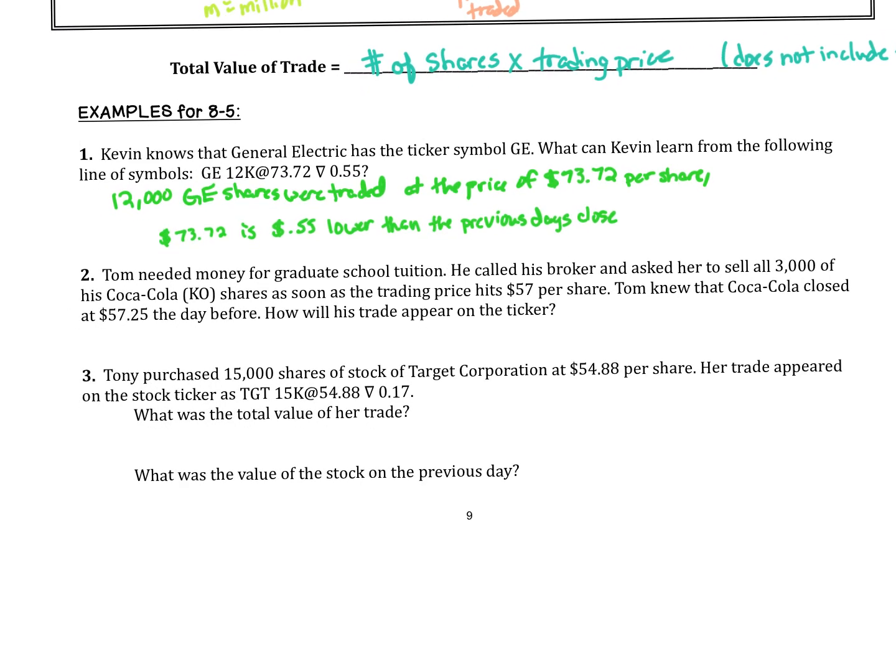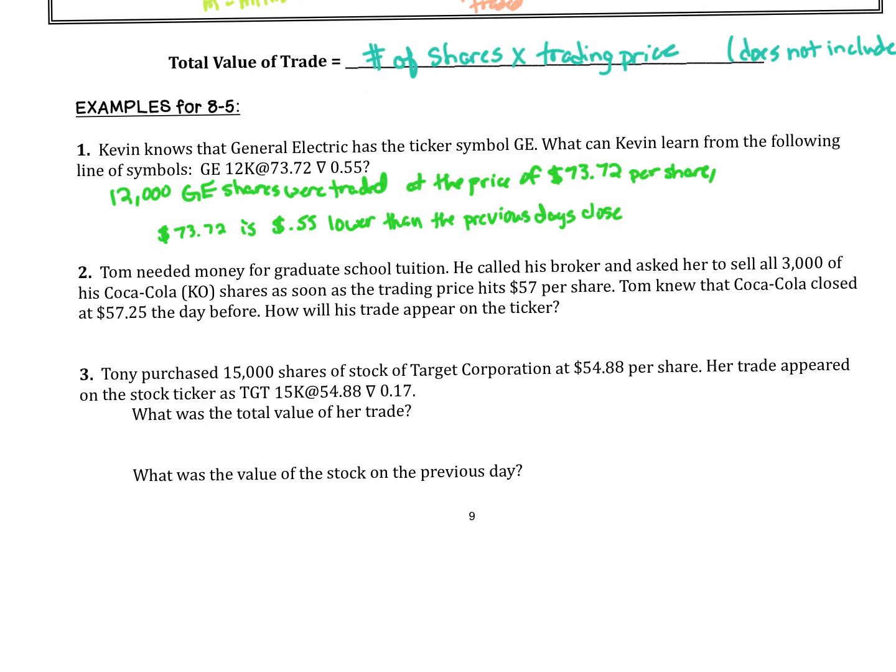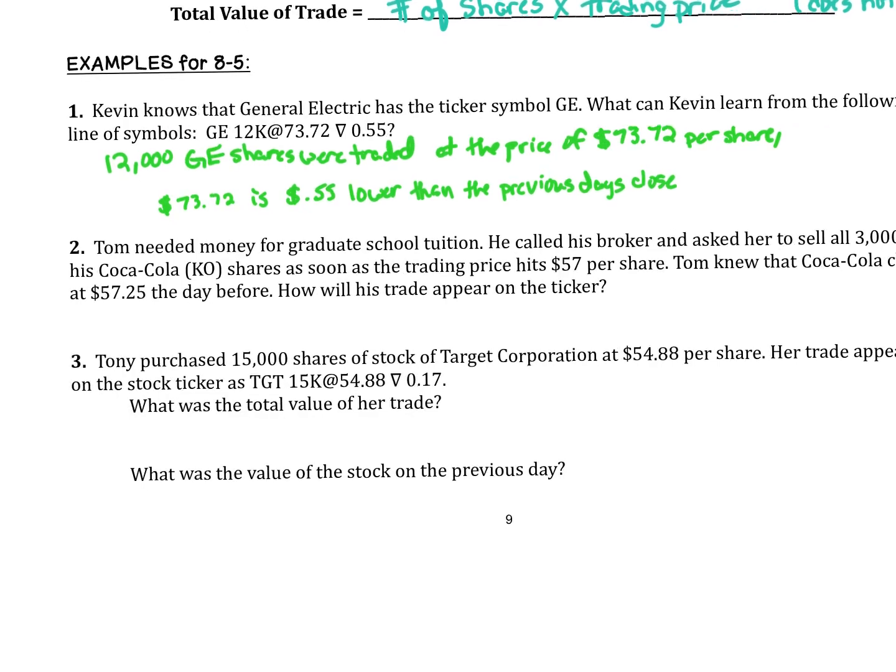Tom asked his broker to sell $3,000 of his Coca-Cola shares as soon as the trading price hits 57 per share. Tom knew that Coca-Cola closed at 57.25 the day before. How will his trade appear on the ticker?